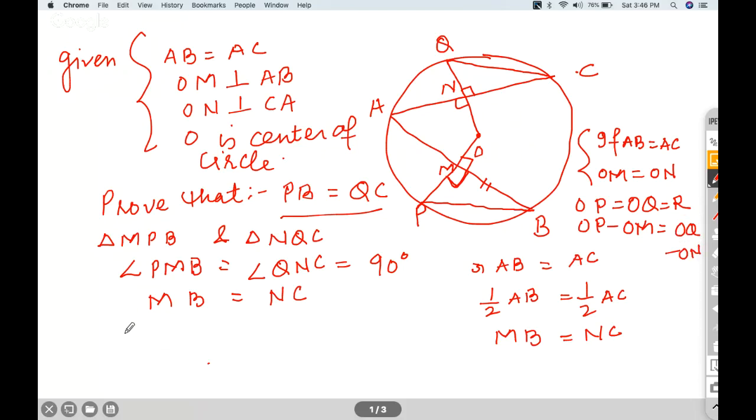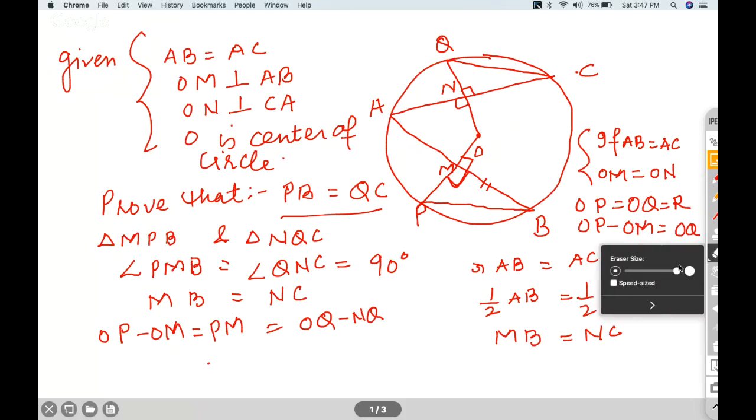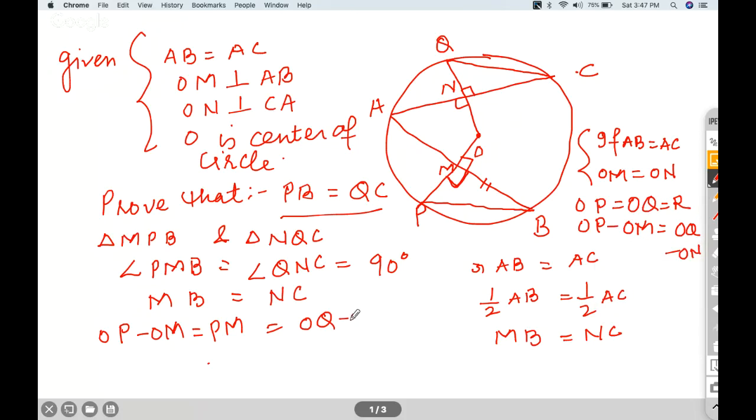So I'm writing here OP minus OM, which is equal to PM, and that is equal to OQ minus ON, and that is equal to NQ.